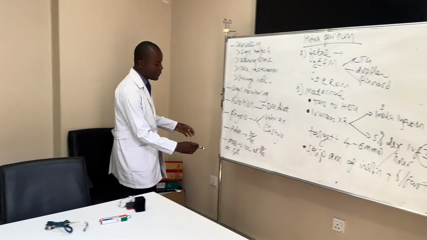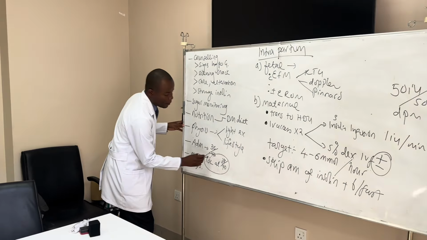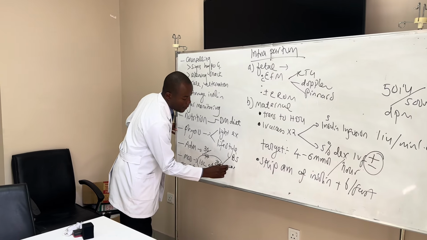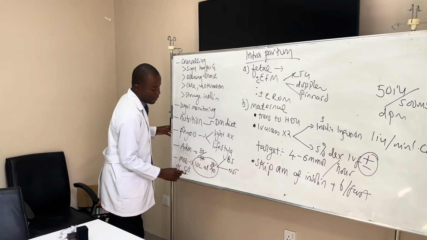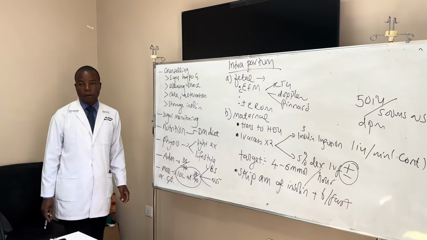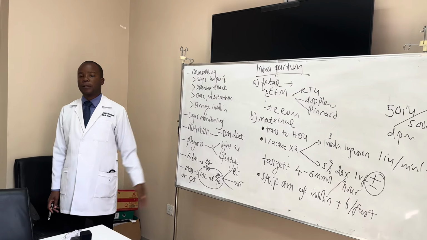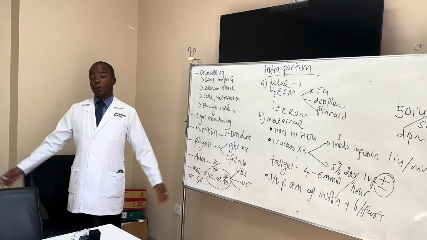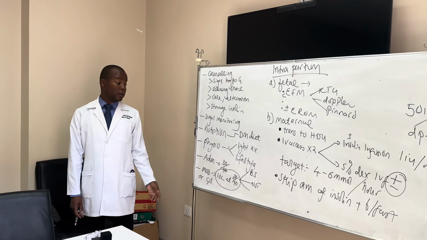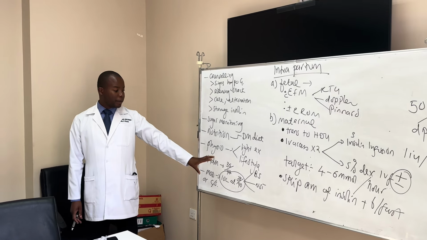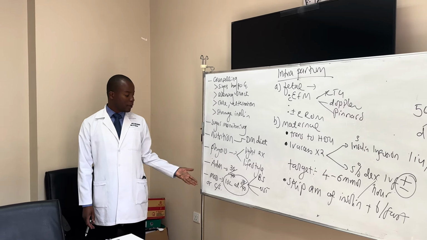If you go by induction of labor, obviously you start by assessing the Bishop score, you do a non-stress test, and then you decide which method you are going to use, whether you use misoprostol, dinoprostone, or whatever, oxytocin, or indeed you go mechanical. But you have to assess those and then you proceed with induction.